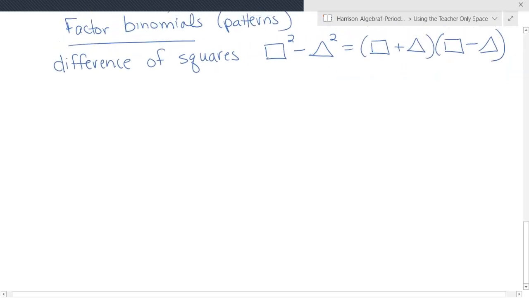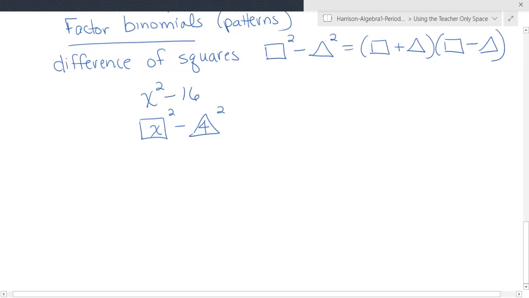So for example, if I want to factor x squared minus 16, you need to recognize that is something squared minus something squared. And we can show that by putting it into this pattern or this formula. We see that the x would be in this box. And then what number squared would give you 16? That would be a 4. So we put that in the box.